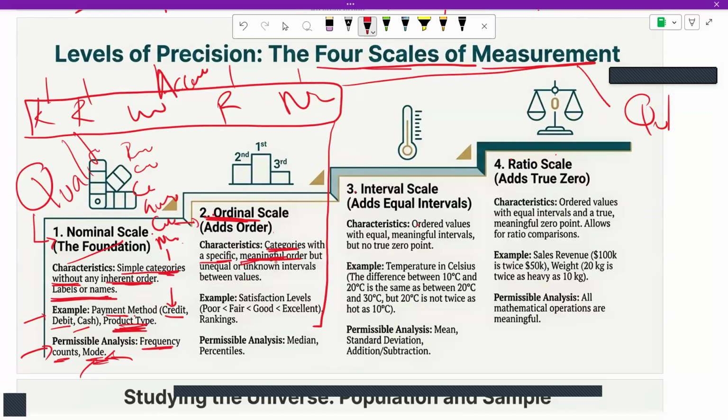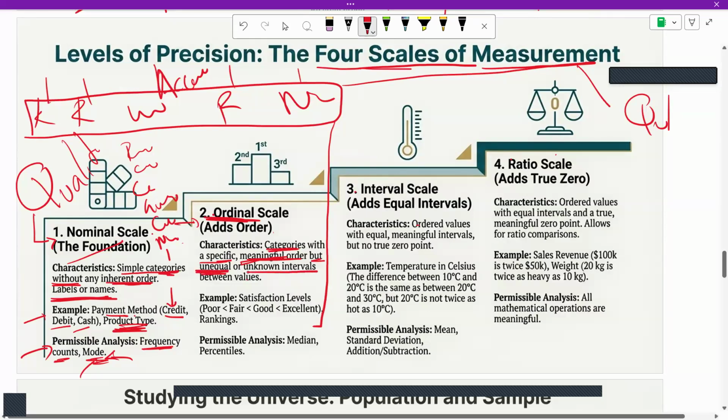For example, first rank, second rank, third rank. But with unequal, right, the very important term, unequal or unknown intervals between values.